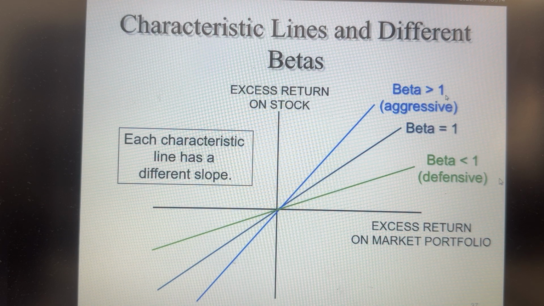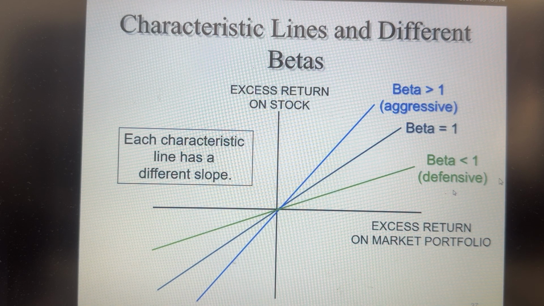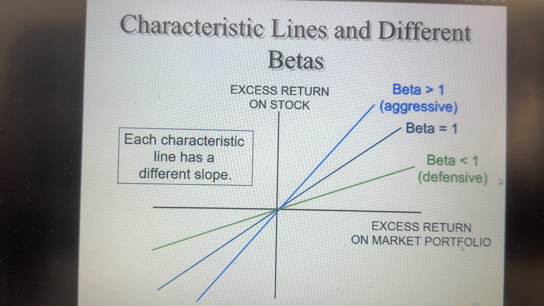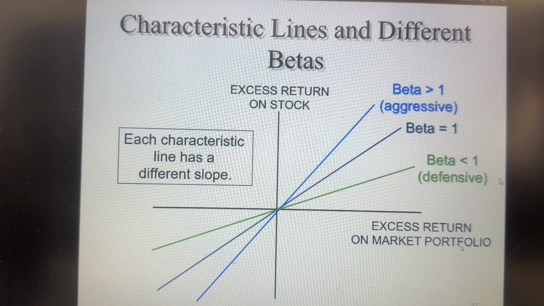So beta is above 1 and the stock is aggressive. For defensive stocks, your commercial bank only performs 7%, but the market shows a 10% excess return. So it is 0.7. Now you can understand: different slopes show the sensitivity to overall market change, how a particular company's stock returns move.